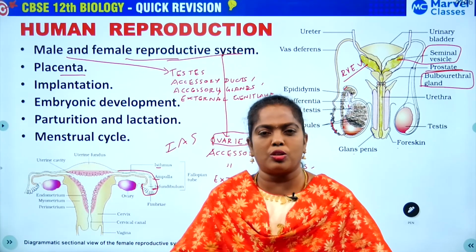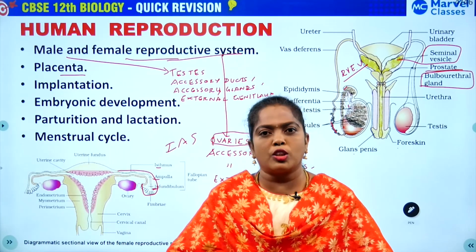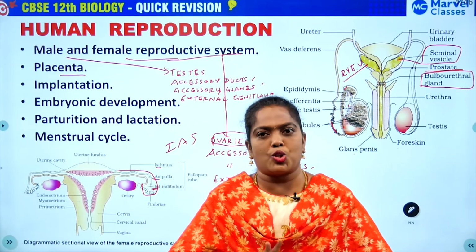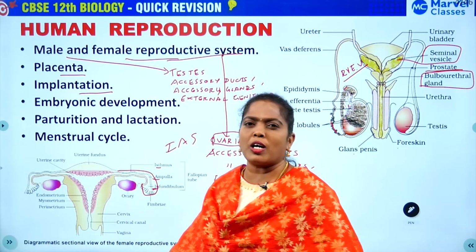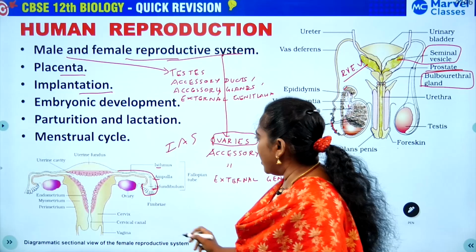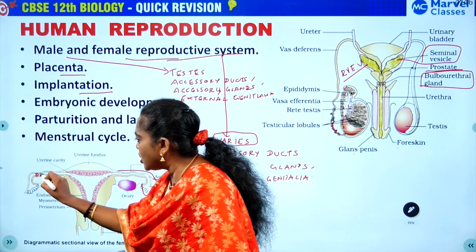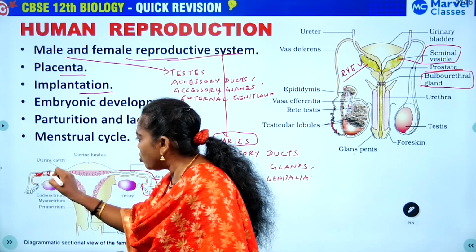If they ask you to write a short note on the placenta, then tell all the functions of the placenta and how the placenta is formed after implantation. The next one, they might ask you as a 2-mark question: what is implantation? Here you can see the egg will come, and when the sperm attaches to it, it develops into a zygote.